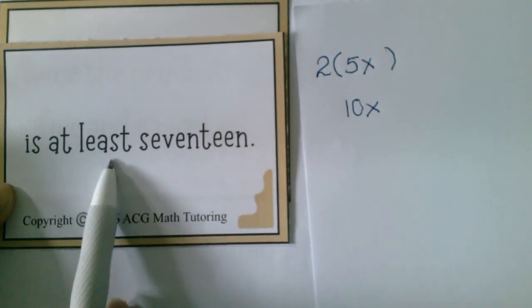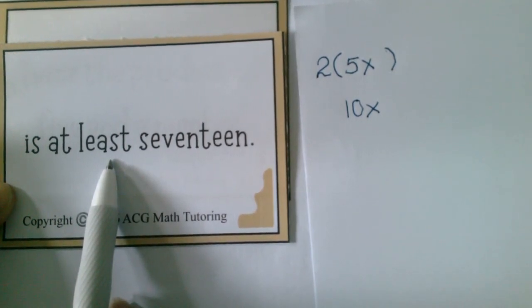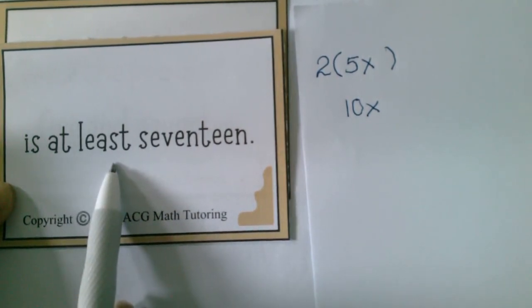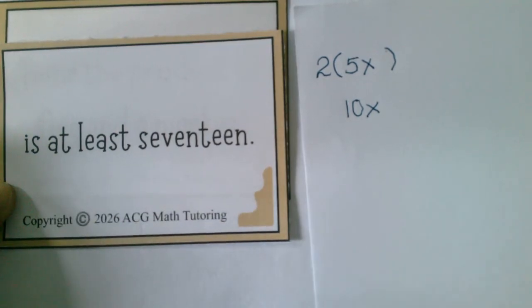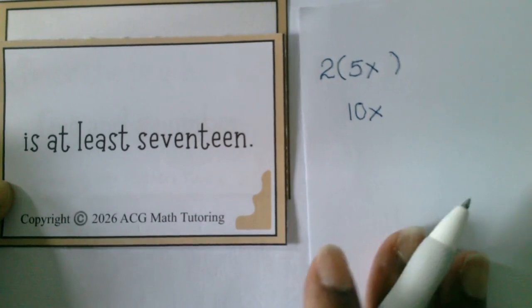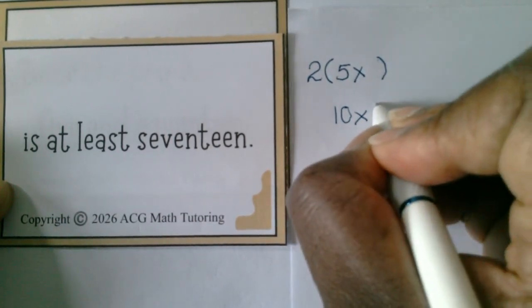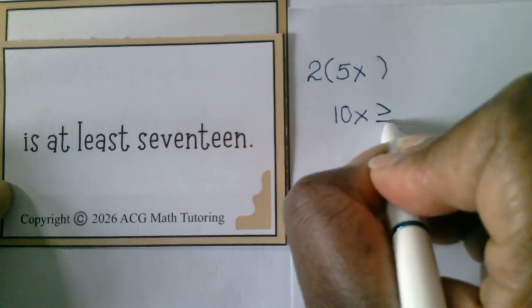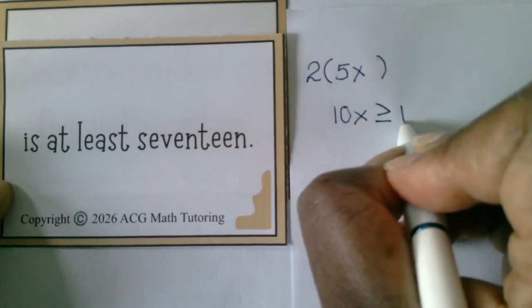If I want to make at least $100 today, the lowest I want to make is $100. If I make $500, yay! I'm still within my goal. In this case, I'm dealing with numbers that are greater than or equal to 17.